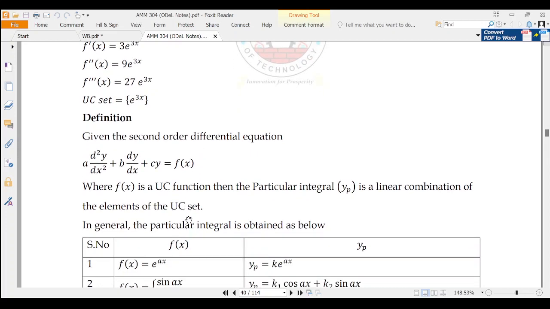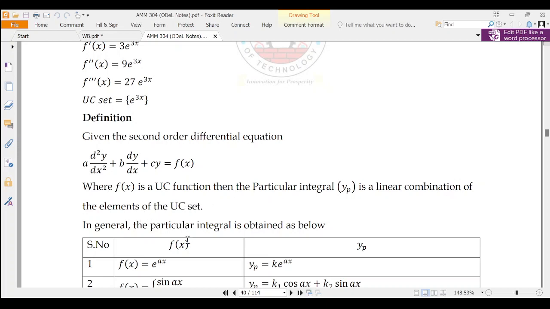Now, given a second order ordinary differential equation, which is non-homogeneous, of this form: a d squared y by dx squared plus b dy dx plus cy is equals to f of x, where f of x is a UC function, then the particular integral is a linear combination of the elements of the UC set.